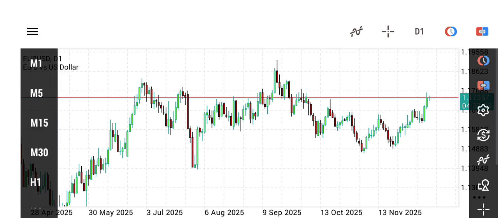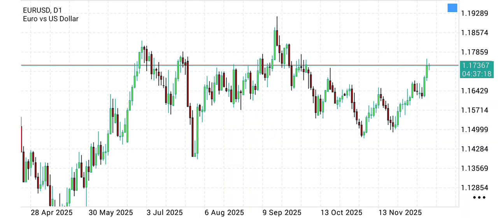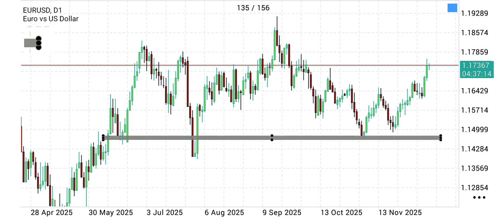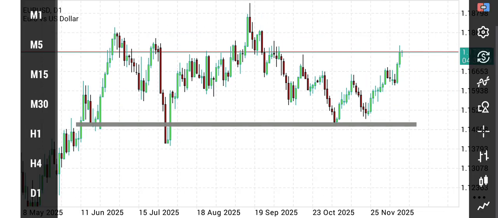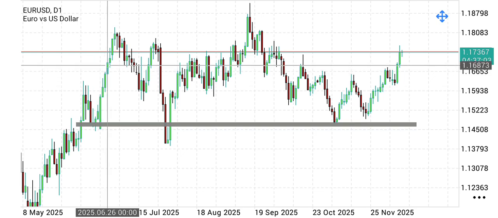So what I'm going to do right now is take my rectangle tool and mark my support zone right over here, because we can see that the market came here, then went to the upside.